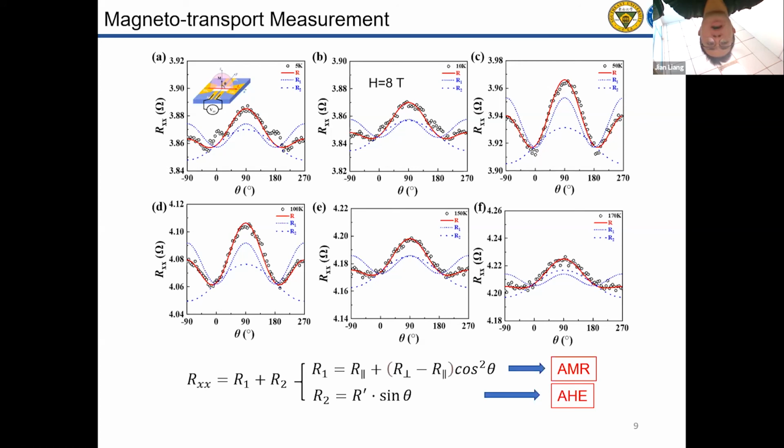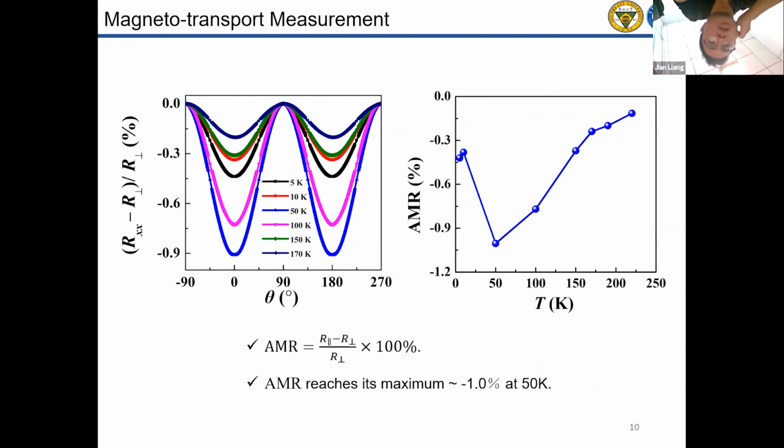The first term, R1, is the typical anisotropic magnetic resistance expression, and the R2 term comes from the anomalous Hall effect component and shows the relationship of a sign function. By fitting the angle dependence of resistance, the component of anomalous Hall effect is separated, and we obtain the ratio of AMR value.